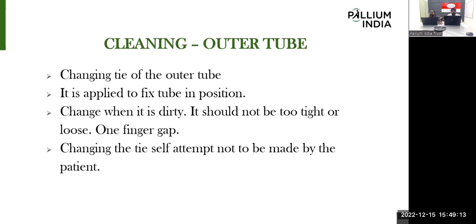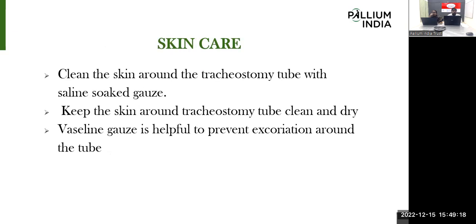As I already said, we don't encourage the patient to change the tie. Then, some skin care of the peristomal area needs to be done. Clean the skin around the tracheostomy tube with saline and gauze. With mucus, sputum, or a patient who sweats heavily, sweat and dirt will collect around the stomal area and cause skin irritation, so proper cleaning in between is very much needed.